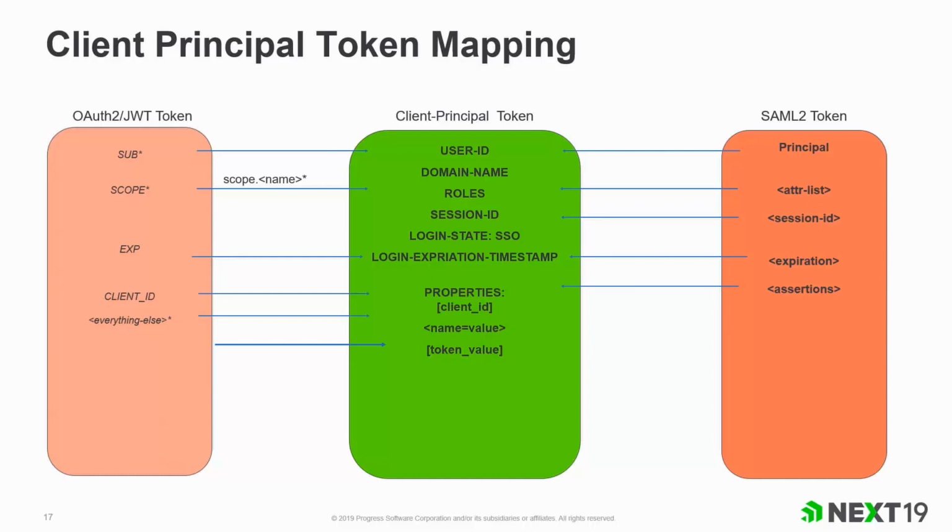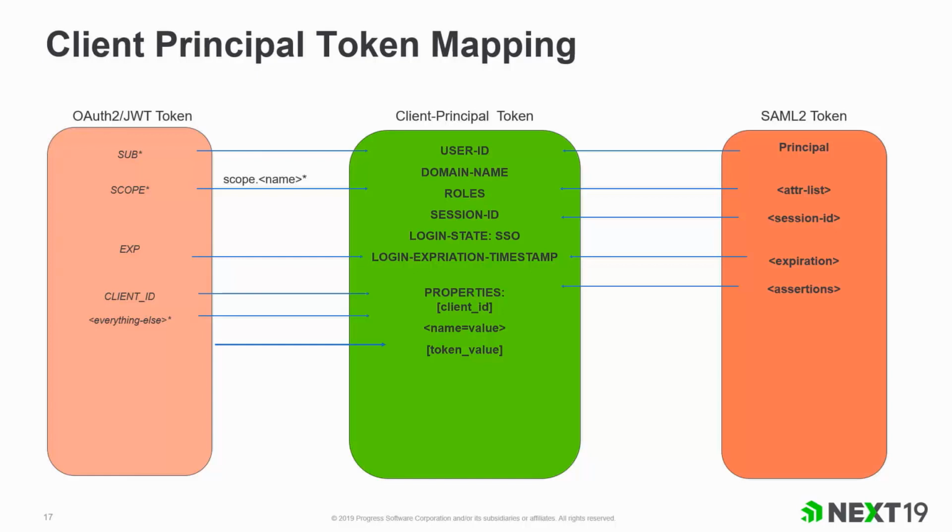Regardless of the token standard used, client principal token mapping always requires two OpenEdge attributes that must be mapped. The first is user ID, and the second is OpenEdge domain for multi-tenancy. I'm making a distinction here between tokens in general and tokens for these standards in particular. So for all of these properties, it depends on what the original token is and what standard it's requiring or producing.